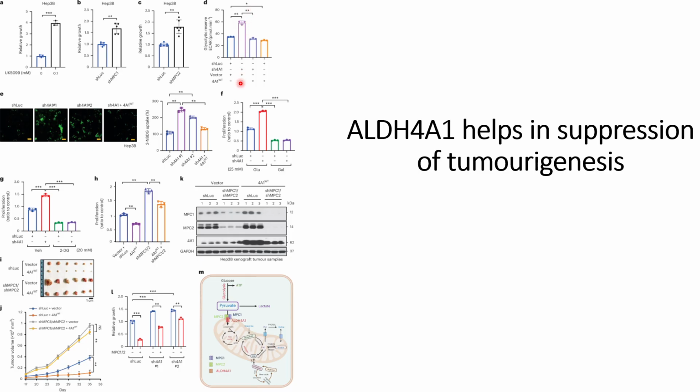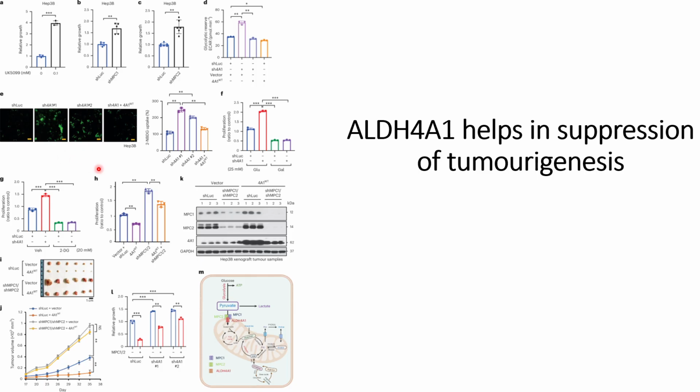But when they reintroduce wild type ALDH4A1, they see a decrease in the glycolytic rate, and when they overexpress ALDH4A1, they see a further decrease compared to the control, indicating that a high amount of ALDH4A1 can control this glycolytic rate. This high glycolytic rate might be causing the high proliferation of the cells.